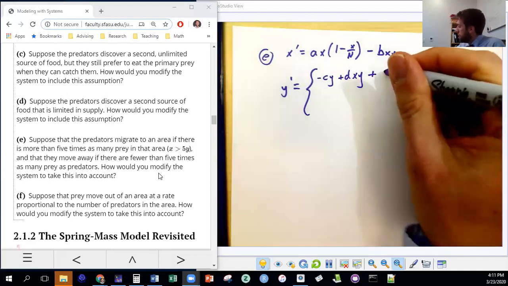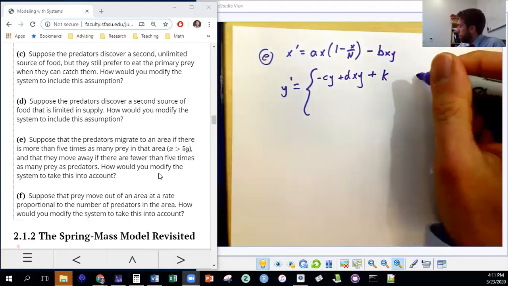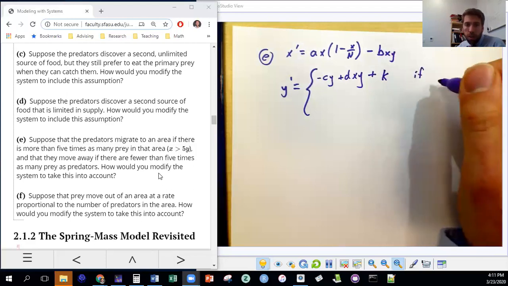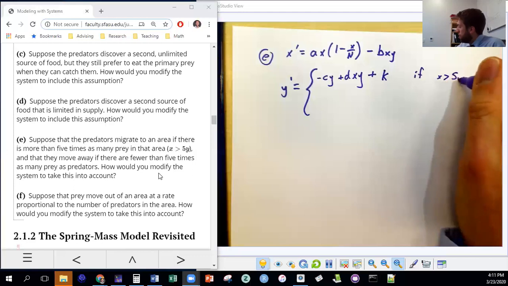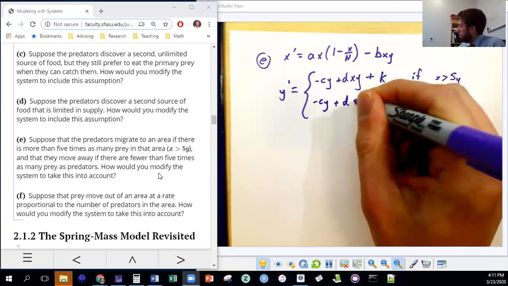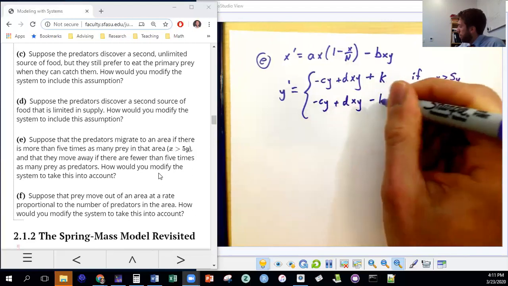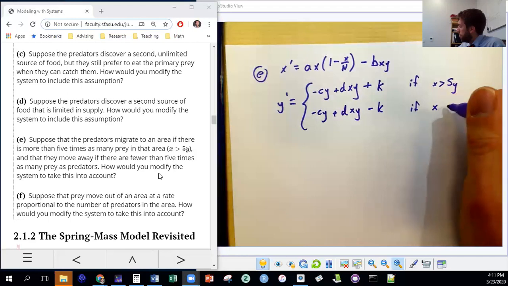So plus k if x is greater than 5y, and then it's negative cy plus dxy minus k if x is less than 5y.